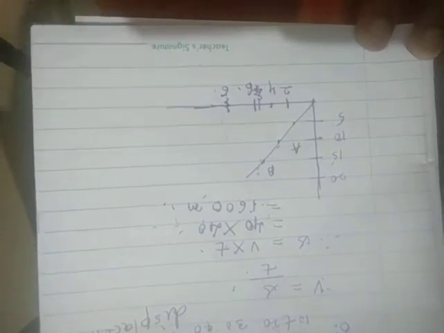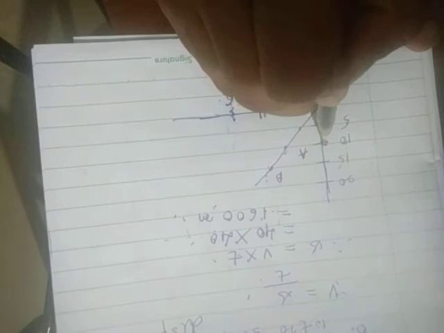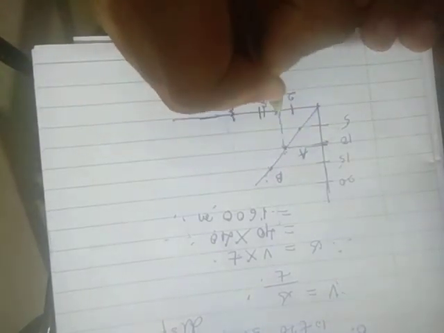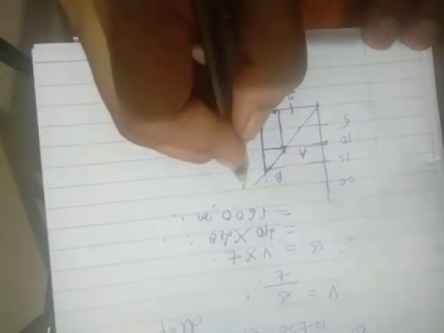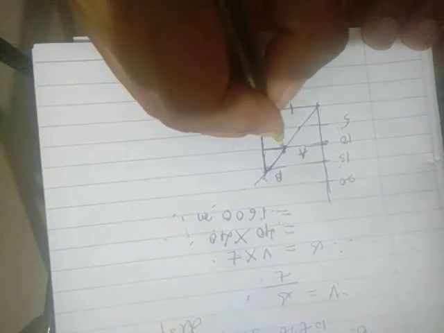Now we have to find out how much the displacement is. We will have to draw like this, from here to here. If you see carefully, you can see the structure called a trapezium. So in a linear graph we will get a trapezium structure. To find the displacement between these two points, it is very easy.